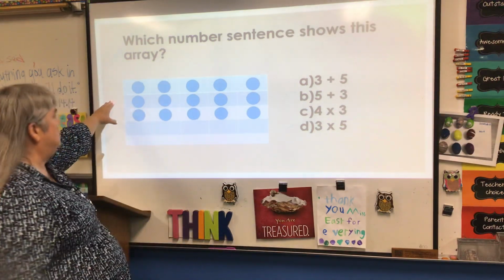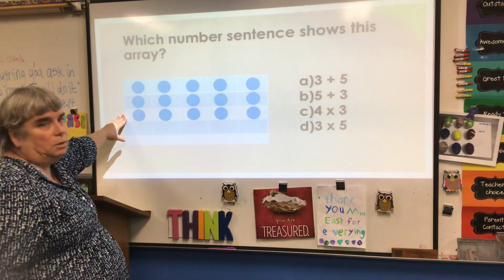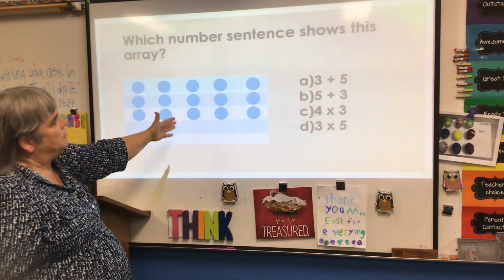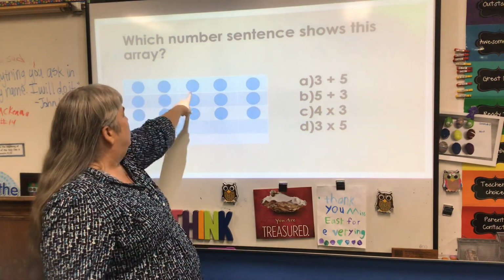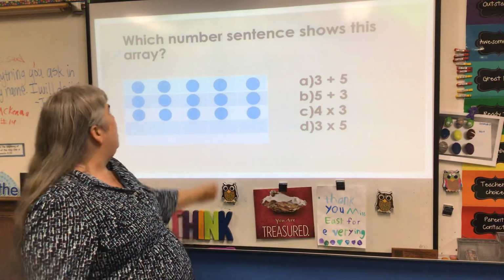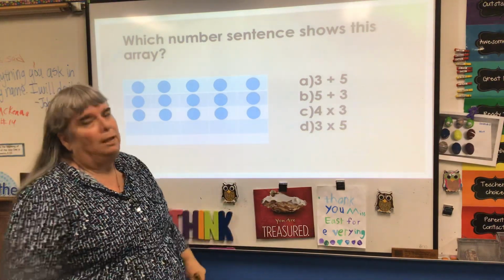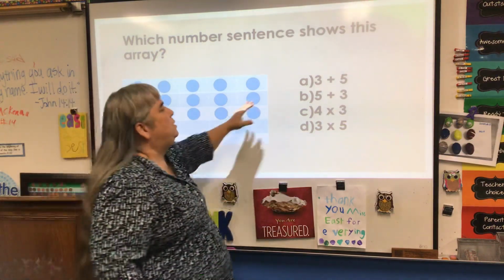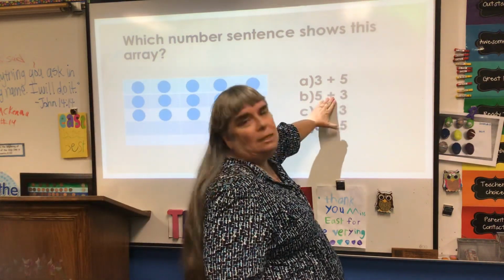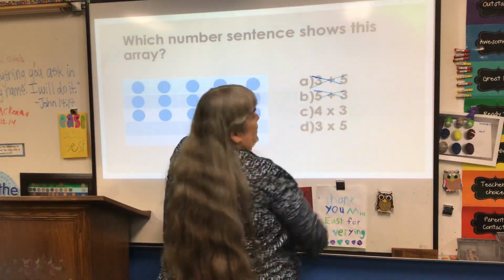So if we looked at this, we would say 1, 2, 3 equal groups, and then we're going to look at the columns to see how many in each group. 1, 2, 3, 4, 5. Obviously, if we're talking about an array, we're talking about multiplication. This whole test is multiplication and division. So if you see addition, you could even X those out, because that's not going to be the answer.